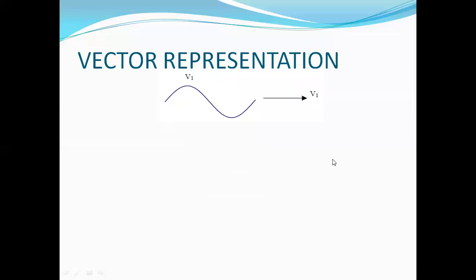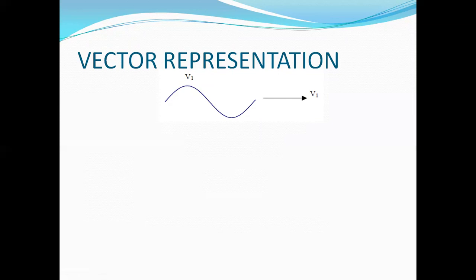So here is the vector representation. In vector representation, this is nothing but a sinusoidal waveform, right? And V1 is the instantaneous value of that sinusoidal waveform, and its phase angle is 0, meaning its direction. A vector is nothing but what? It has a magnitude and a direction.